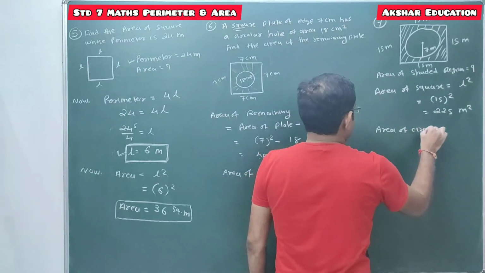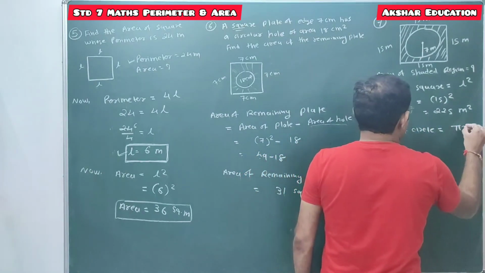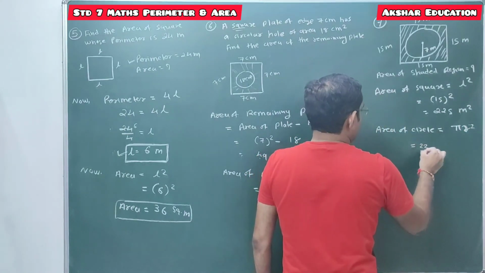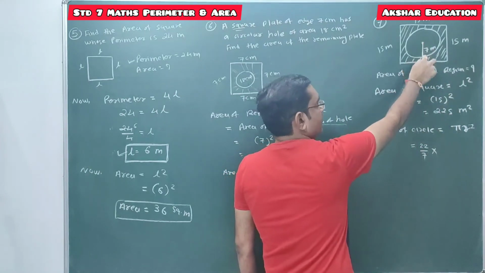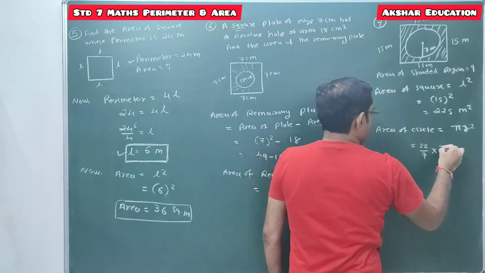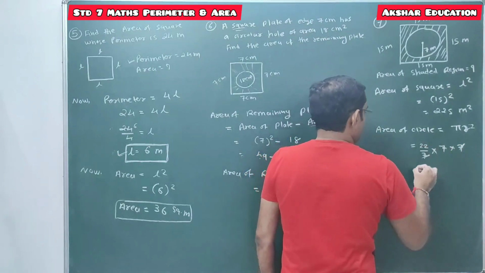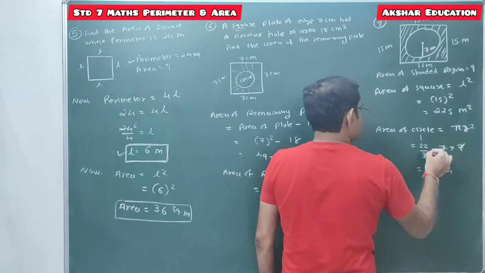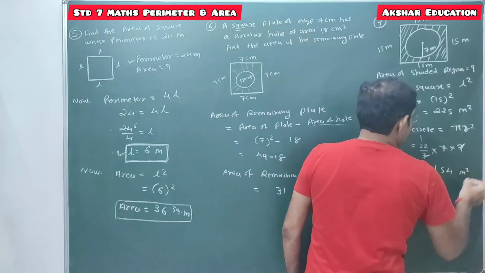Area of circle with a radius r is pi r square. So put the value of pi 22 by 7, and value of r, radius, is given 7 meter. So r square is 7 into 7, 7 7 cut. So 22 7s are 154 meter square.